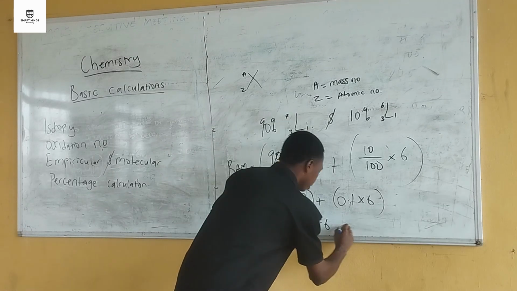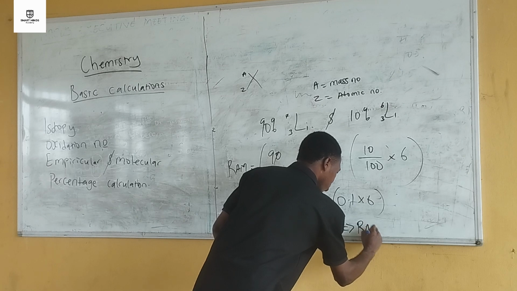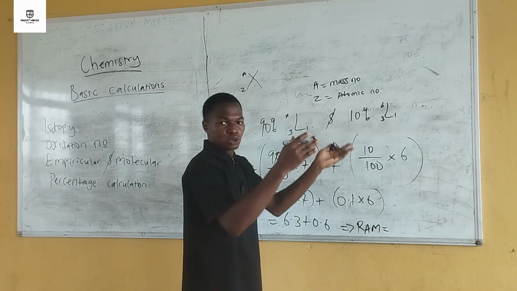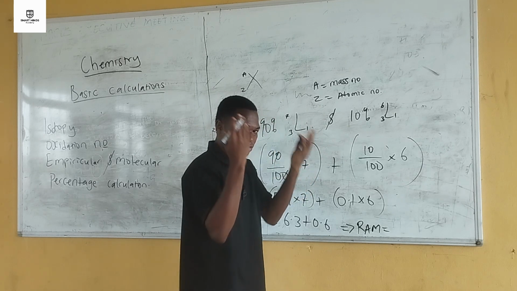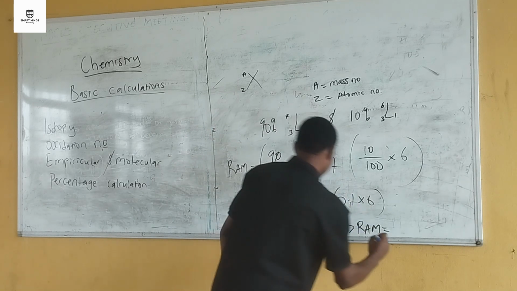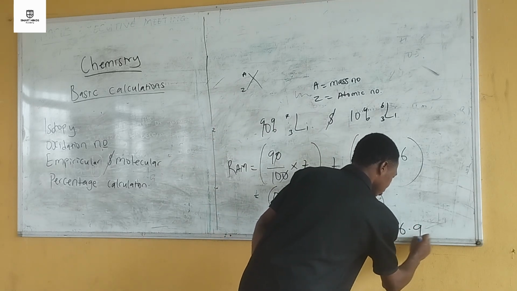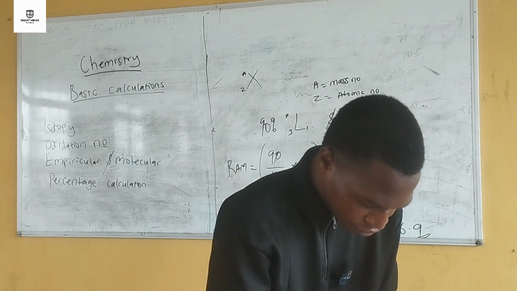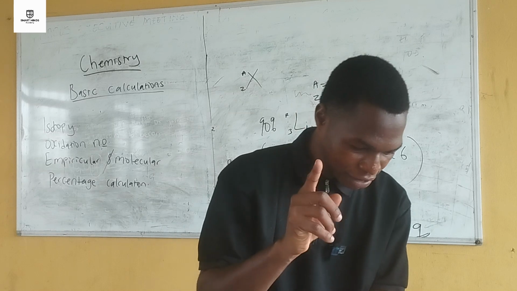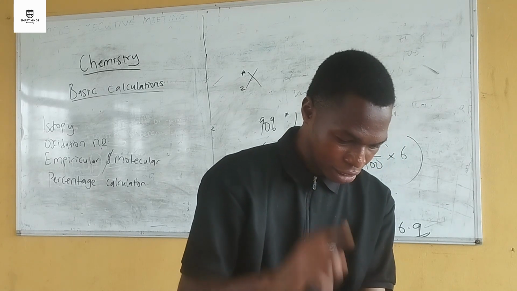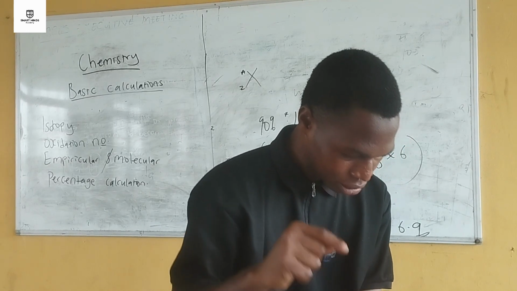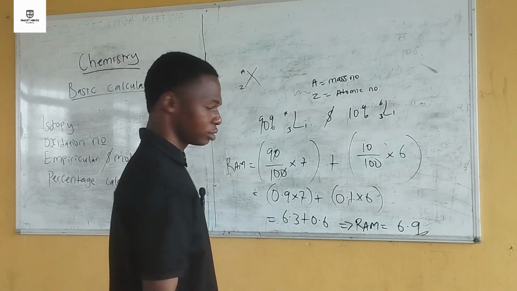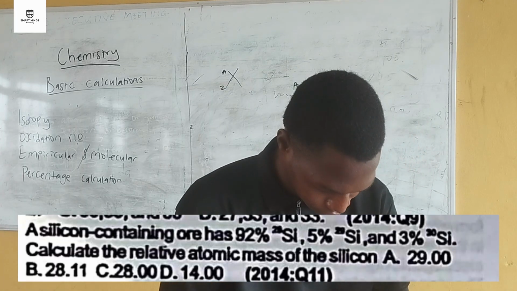All of them together give us the relative atomic mass of lithium. It's just like adding the two and finding the average, so have that mentality. That is 6.9, so that's the answer. Let's check our options: A 7.1, B 6.2, C 6.8, D 6.9. So D is correct.